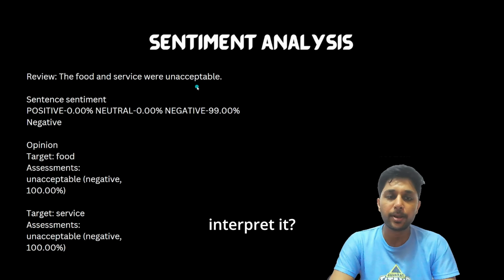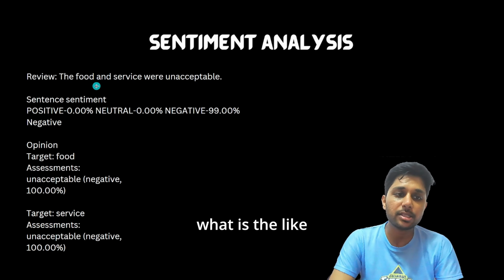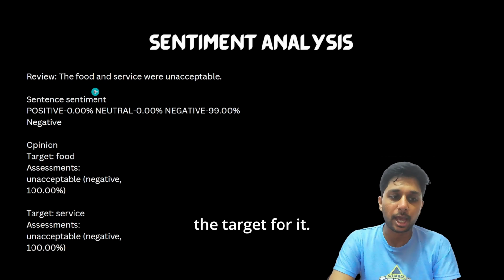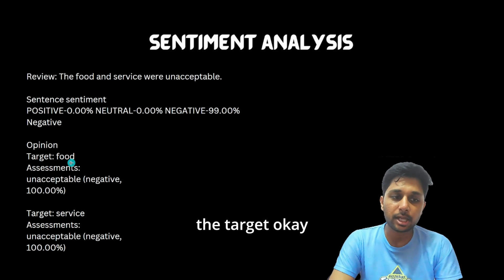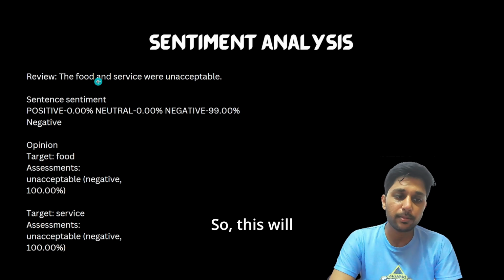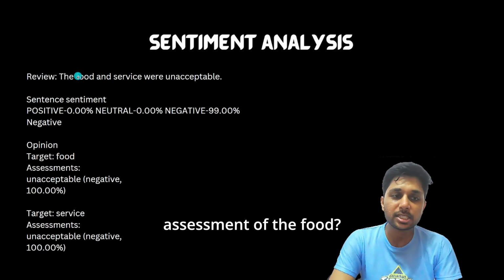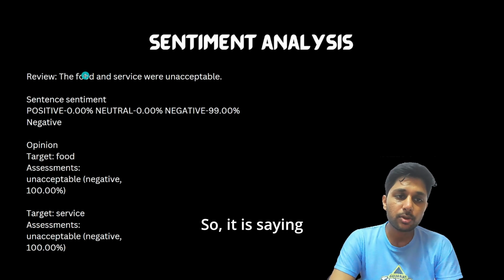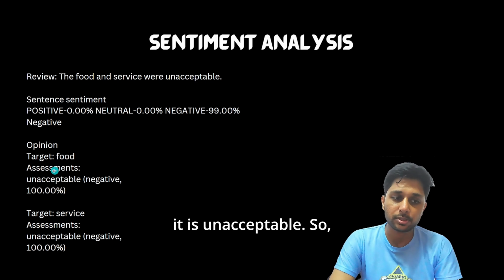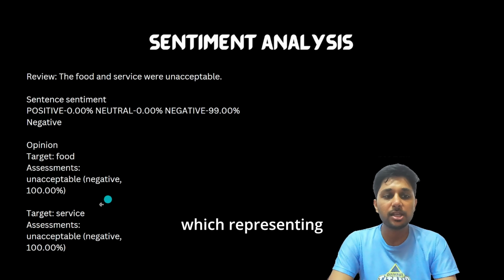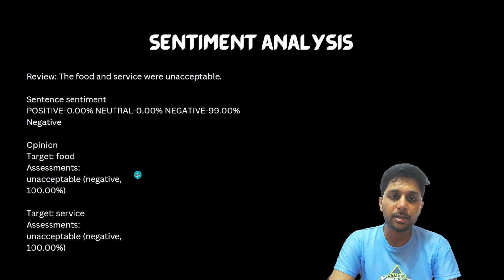So how does it interpret it? It will check what the opinion is and what the target is. It is talking about food, so this will become the target. And what's the assessment of the food? It is saying it is unacceptable, which represents the negative sentiment, and it is 100% sure about it.